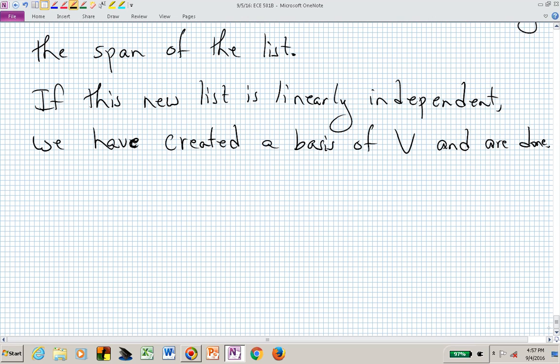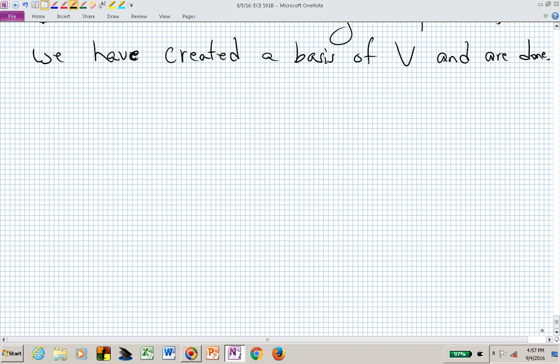Because we preserved the ability of that list of vectors to span the vector space, and now it's linearly independent. And those are the two properties of a list of vectors to form a basis.